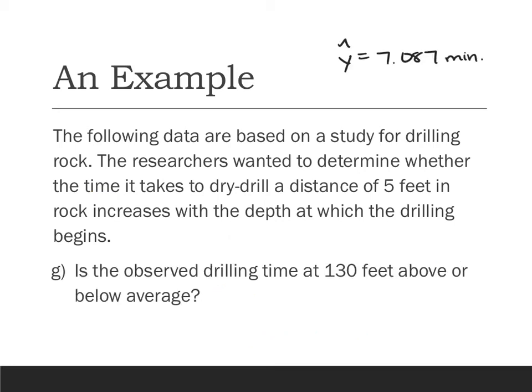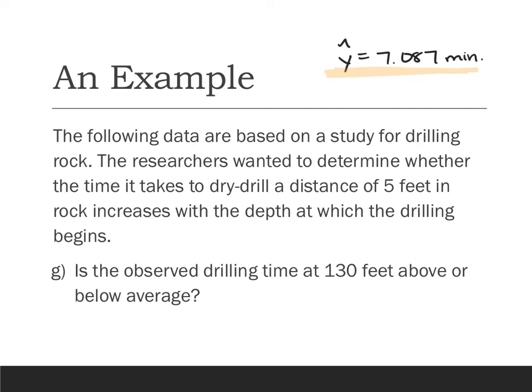All right, so in this next part, we actually want to know if the observed drilling time at 130 feet is above or below average. Well, that's what our y hat value is. The predicted value is also what we would consider the expected value.